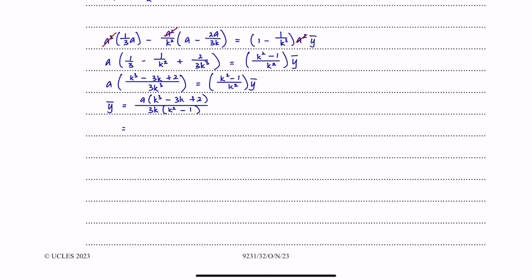So using the calculator, we can find that this expression can be written as K plus 2 times K minus 1 squared, and the bottom one can be written as 3K times K plus 1 times K minus 1, and we have A times K plus 2 times K minus 1 over 3K times K plus 1. And now we are done.